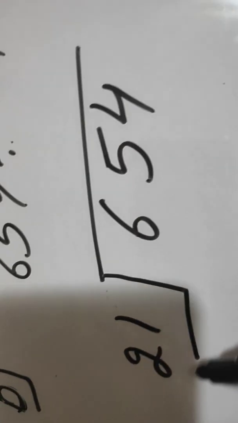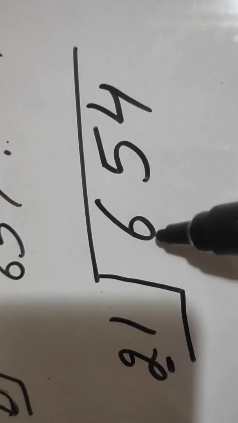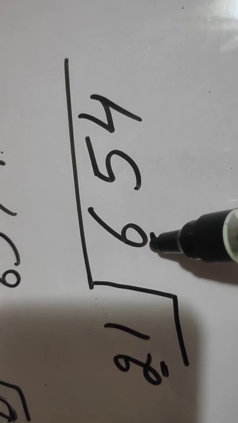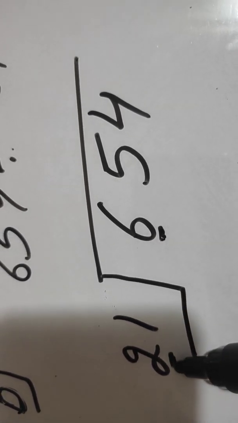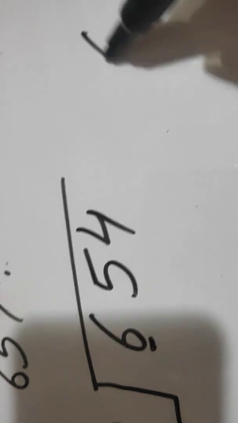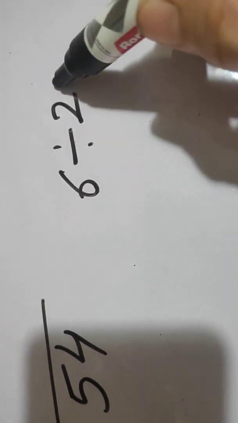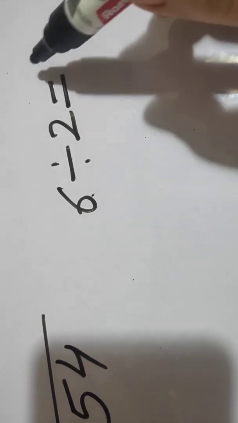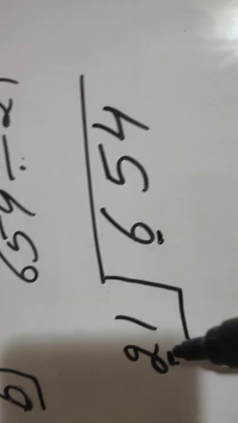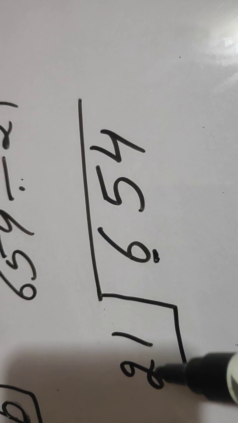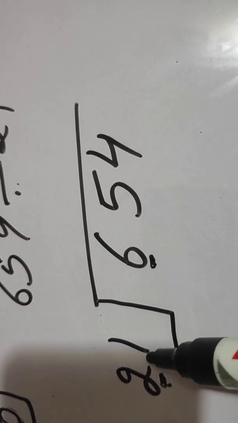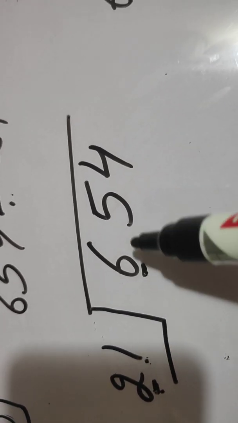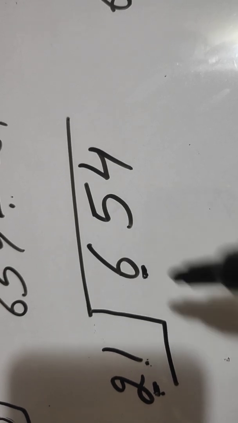Then what will we do? We will divide the dividend's first digit by the divisor's first digit. Means 6 we will divide by 2 and we will get a rough idea that the table goes on, 2 3s are 6. It means we got the rough idea that if we multiply 21 by 3, we can get the answer.